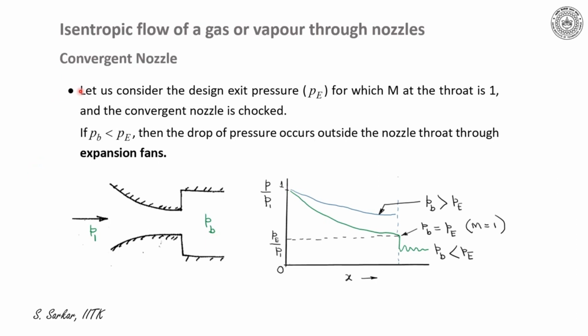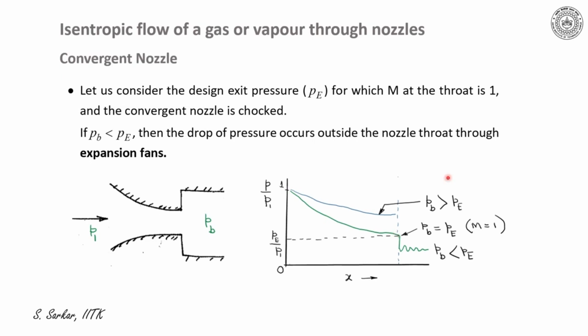Let us consider the design exit pressure PE, for which the Mach number at the throat becomes unity and the nozzle is choked. Thus, I have indicated the distribution of pressure within the nozzle when the back pressure is equal to PE and the Mach number becomes unity.